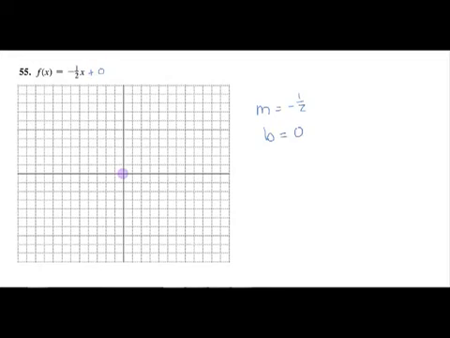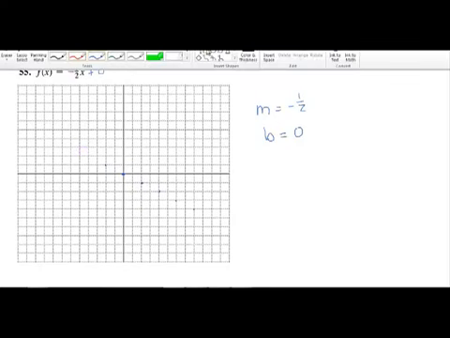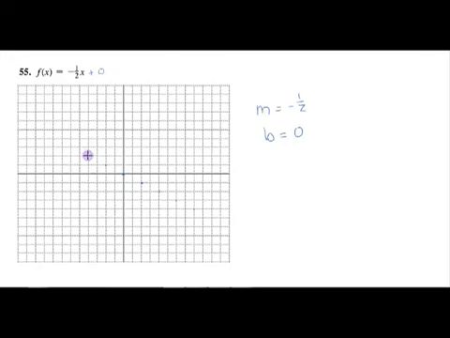So we'll start at the y-intercept 0, and from there we use our slope of down 1, right 2. You can use that slope as many times as you want and get your line graphed. You could also have gone up 1 and back 2, but just make sure that when you're finished you do have that negative slope, a line that's going down from left to right.